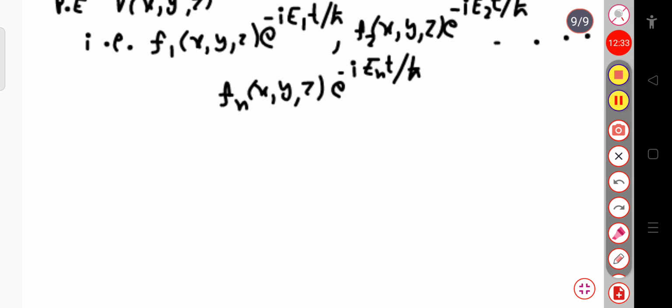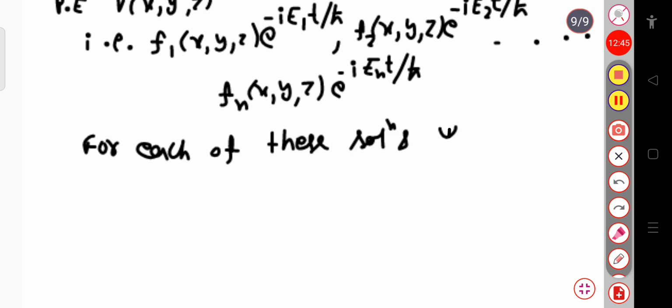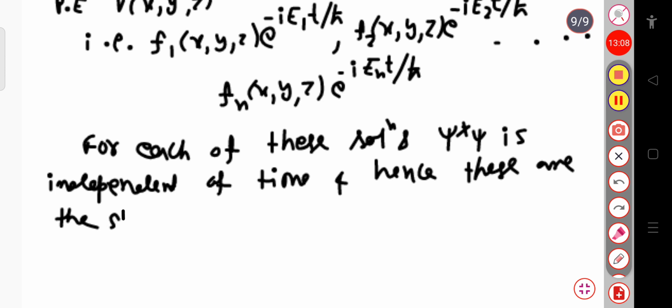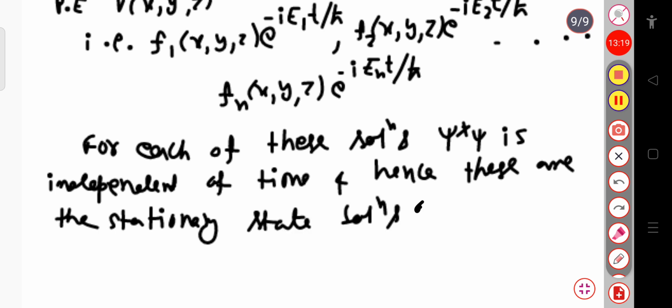Also note that for each of these solutions, psi star psi is independent of time, and hence these are the stationary state solutions of the Schrodinger equation.